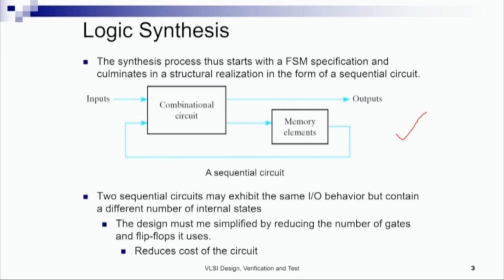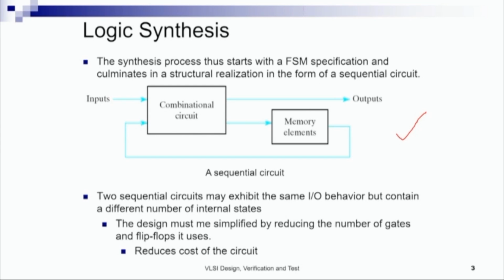However, realizing a sequential circuit design in terms of gates and flip-flops also requires many optimization steps. And why are these optimizations required? Because the gate level design has many choices in terms of the delay, performance and power requirements of the circuit.